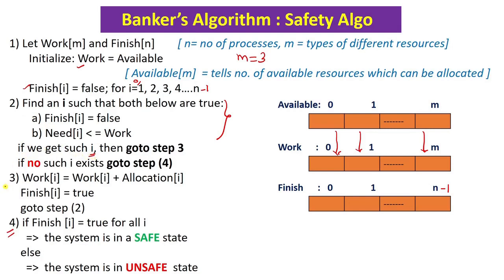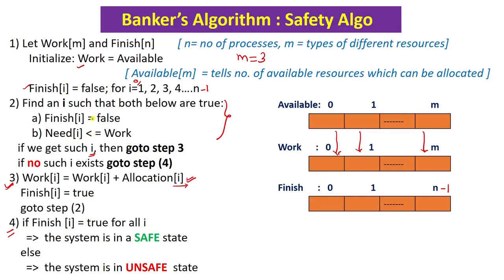Then we will go to the third step, and the meaning of this line we will see later in the example. This is actually granting the request of that process, saying that process has been finished, so change the status of the finish array for that particular process to true. After this we again go to the second step and find a new process whose finish of i contains false and whose need is less than the available number of resources at the current point of time.